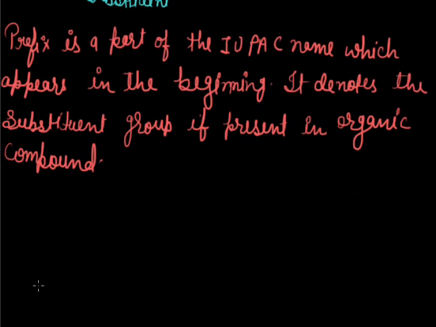Now second point is word root. When we use IUPAC system, then firstly we have to choose a long carbon chain. Then that type of long carbon chain, in which the number of carbon atoms are present, is known as word root.